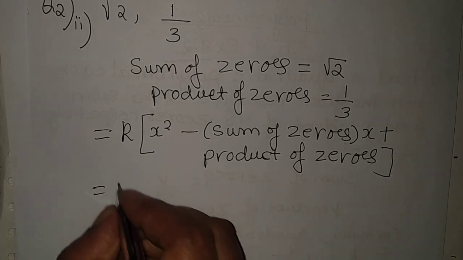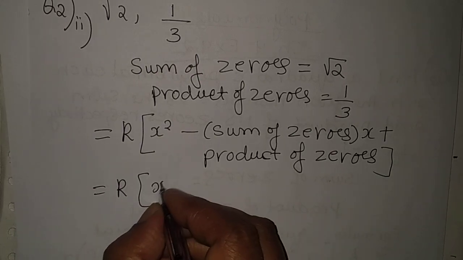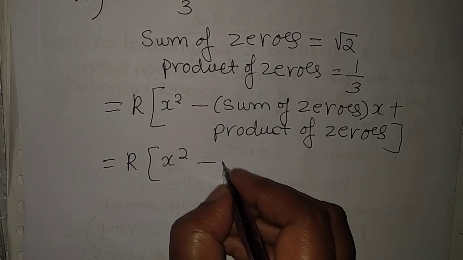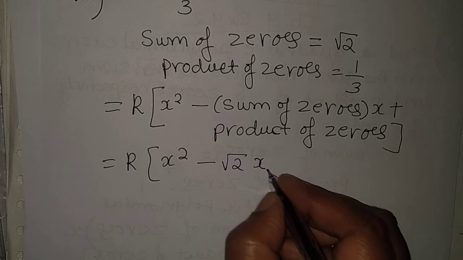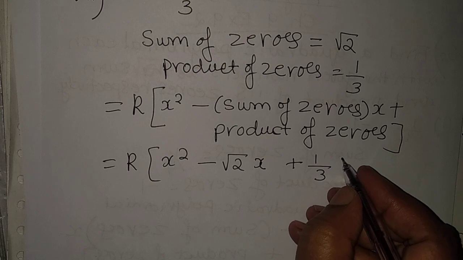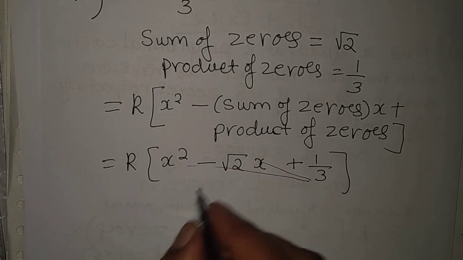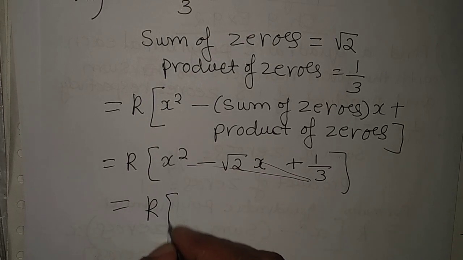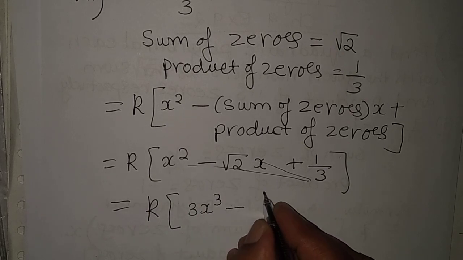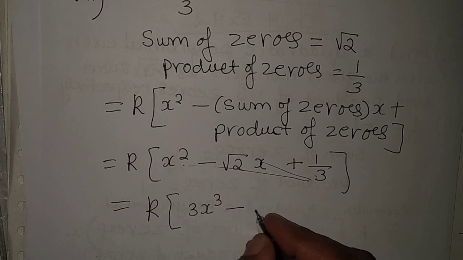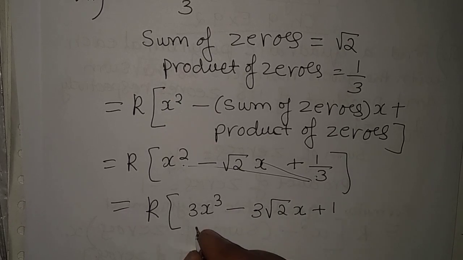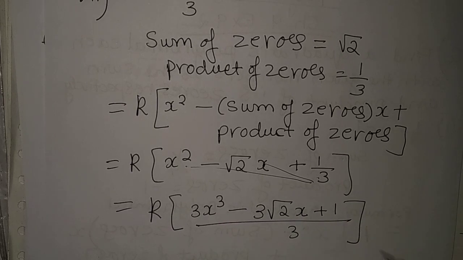Then substitute the values: x square minus root 2 x plus product of zeros, which is 1 by 3. Now cross multiply this, then 3x square, then multiply this by this, 3 root 2x plus 1 by 3. 3 is the LCM.